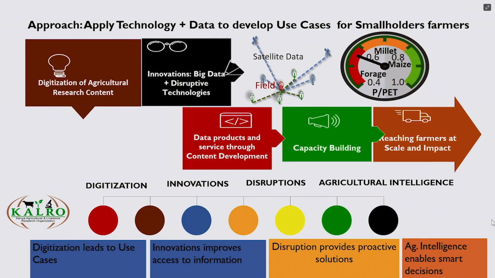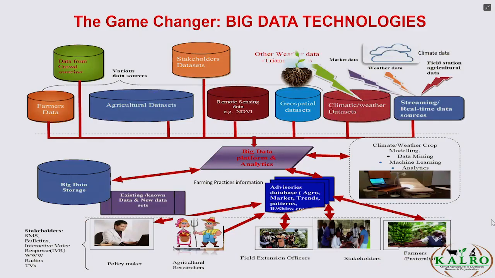So in this case, we looked at what could be the game changer. The game changer is to invest in big data systems, which has enabled us to have a proper farmer database. We now have a 1.5 million farmer database, and we maintain that through crowdsourcing. We've been able to digitize agricultural data sets, and also importantly, we have a database of stakeholders.